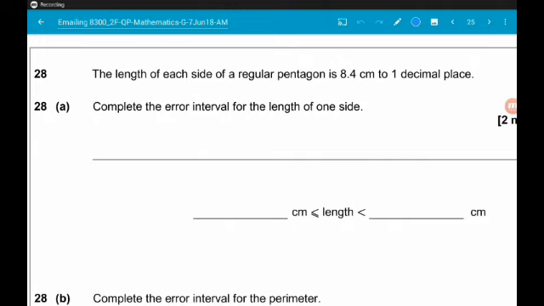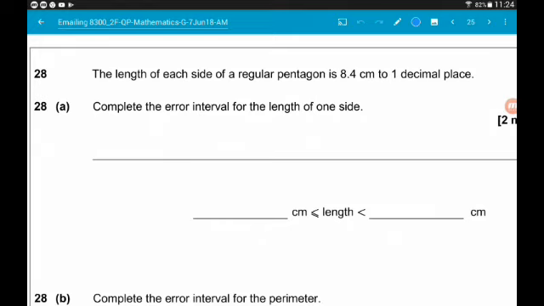Okay, final question, and we've got some error intervals. So this is one of my most watched videos. I'll put a link down below. So basically, whenever you do any sort of rounding, you make an error. An error interval is the range of values the actual number could have been in before we did the rounding.